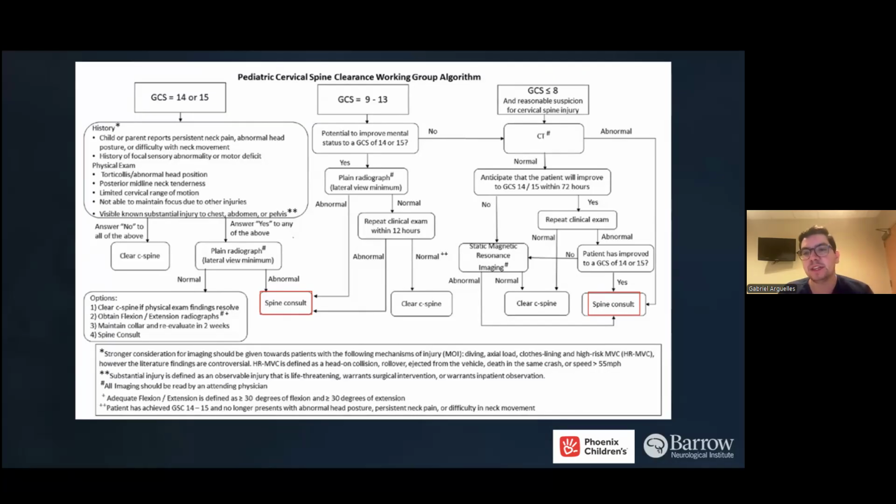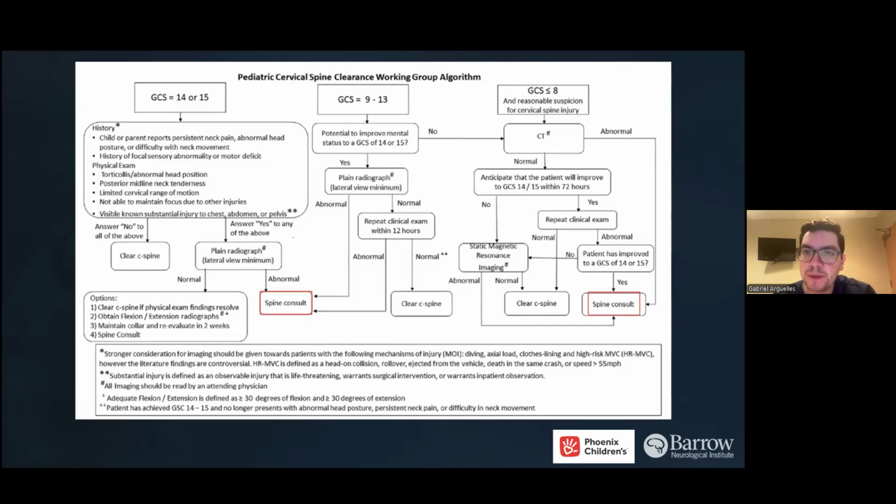In kids, because of the ligamentous laxity and other factors, there are a lot more pure ligamentous injuries that you won't really see on a CT scan per se if they're not dislocated or distracted. So a CT scan is important, but is not sufficient alone to clear a cervical collar.